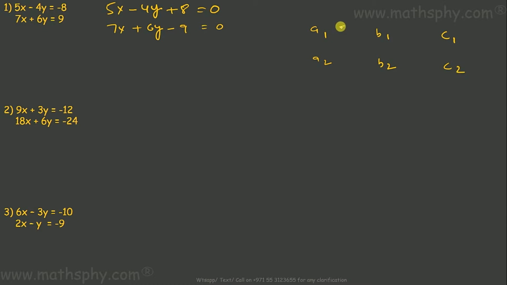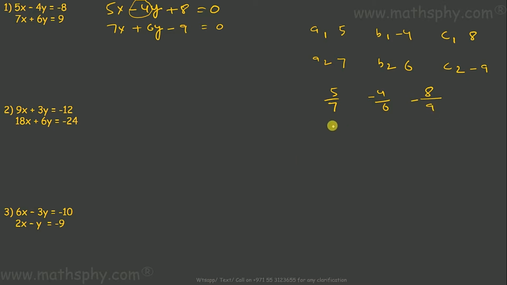So a1 is 5, a2 is 7, b1 is negative 4, b2 is 6, c1 is 8, c2 is negative 9. a1 over a2 is 5 over 7, b1 over b2 is negative 4 over 6, c1 over c2 is 8 over negative 9.